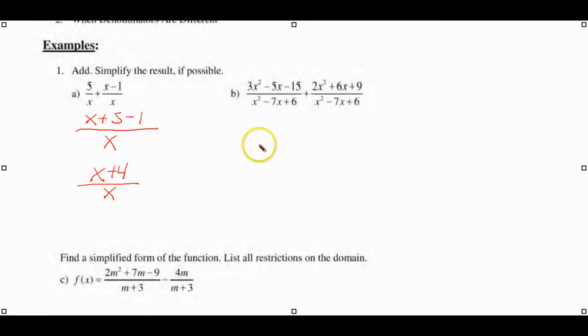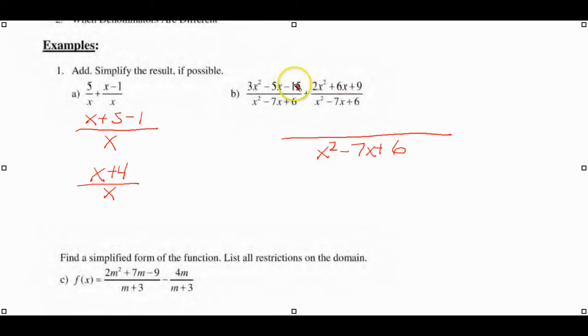All right, now in example B, and we have lots of room, so you'll need lots of room too. Your common denominator is x squared minus 7x plus 6. So that's good so far.